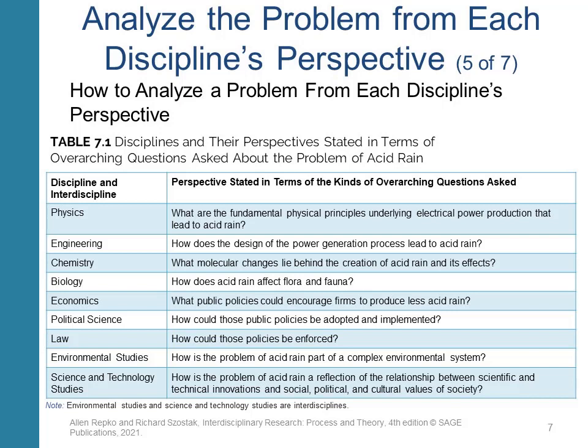This table can help you make the jump from an overarching disciplinary perspective to the specific insights produced by the discipline. So use this table to help you create your own version of Table 7.2.